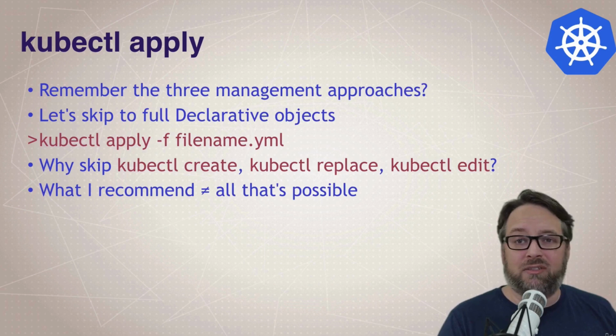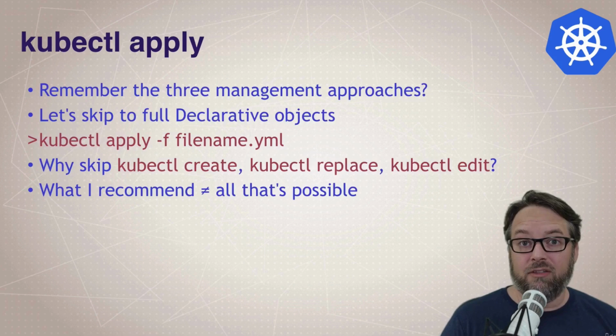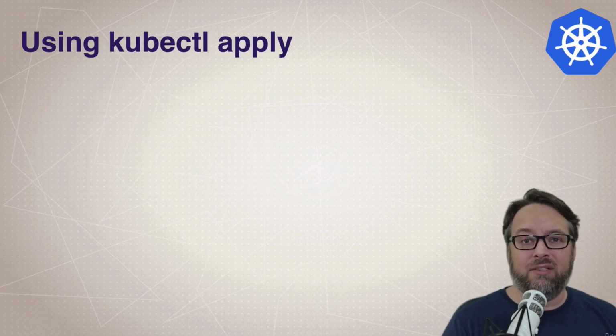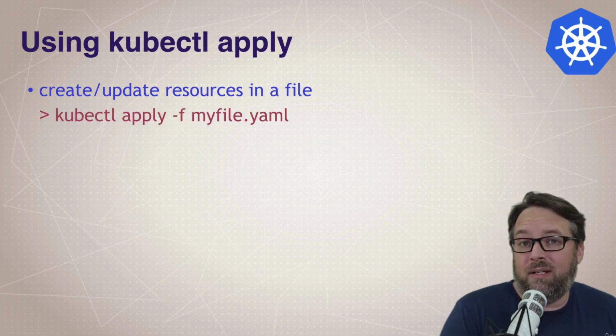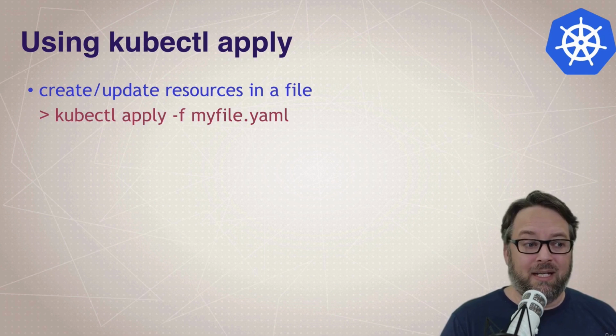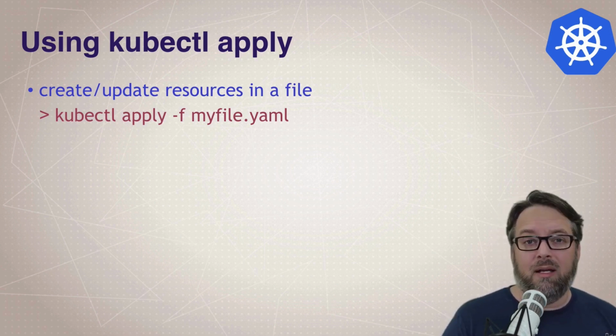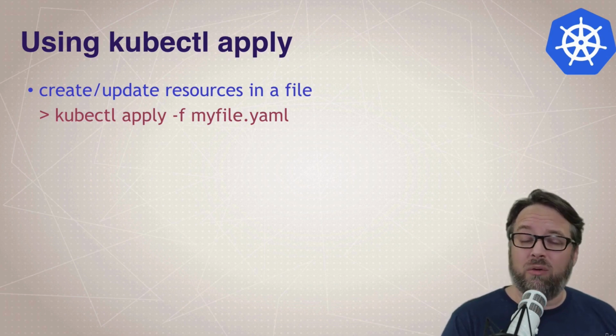And just because this is the way I recommend doesn't mean that there aren't a lot of other possibilities out there. So let me throw you some quick examples of different ways you can use the apply command. You've seen that we can just tell it a YAML file and it will apply something that's in there. Maybe it's a deployment, maybe it's just a pod, maybe it's a service or a job or a cron job or some other resource. But that -f will work on a whole directory.